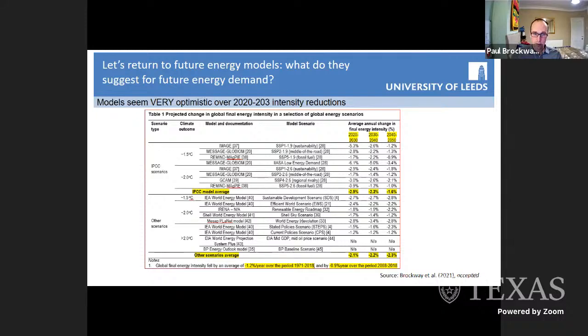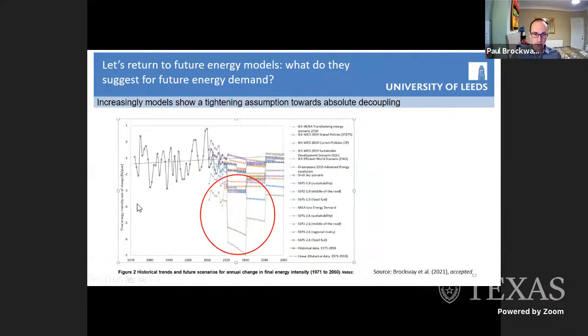When we look more clearly at the energy intensity change rates, we find for the IPCC model averages, this next decade has an average intensity change rate of just under -3% per year, and the other scenario models are at -2% per year. But remember, -3% per year is beyond, okay, there's 2 years, I'll give you that, 2 years out of the last 50 that have had final energy intensity change rates at that level.